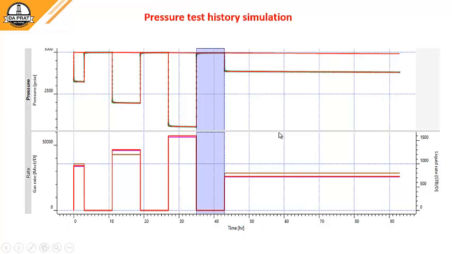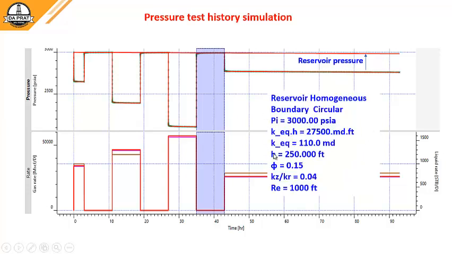So one important point in any interpretation is to make sure that you simulate the whole pressure test history, like in this case. This is your data, and you can see the simulation results. And you can also draw here if you want to see the tendency of the reservoir pressure.